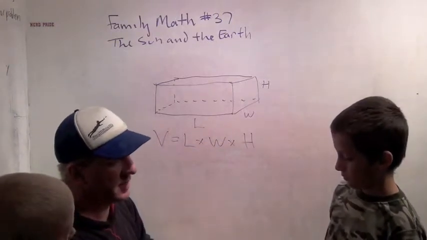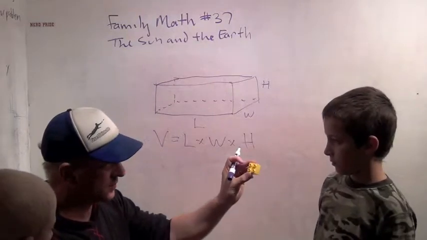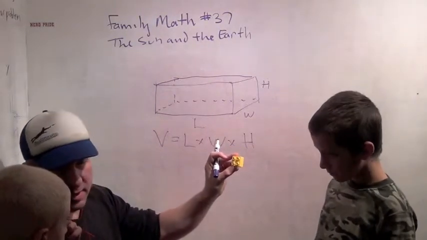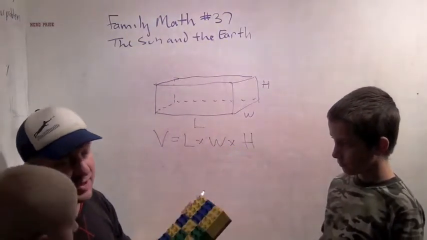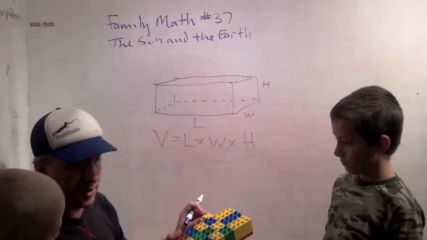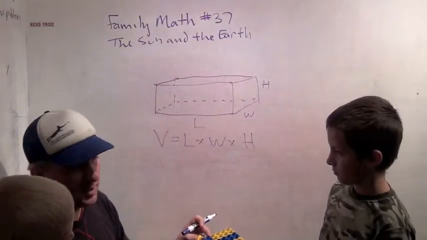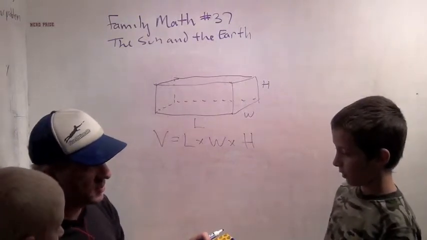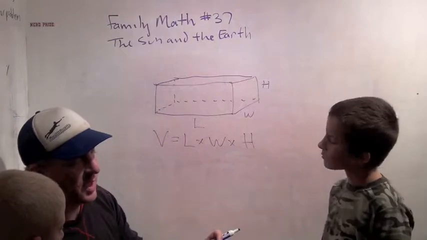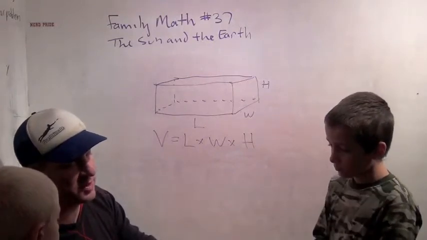So for example, if we have a Duplo block, you see the Duplo block? Yep. And then we have a box that we've made out of Duplo blocks. To figure out how many Duplo blocks we used, one thing we could do would just be take it all apart and count the blocks. Or we could say, how many Duplo blocks is this long?